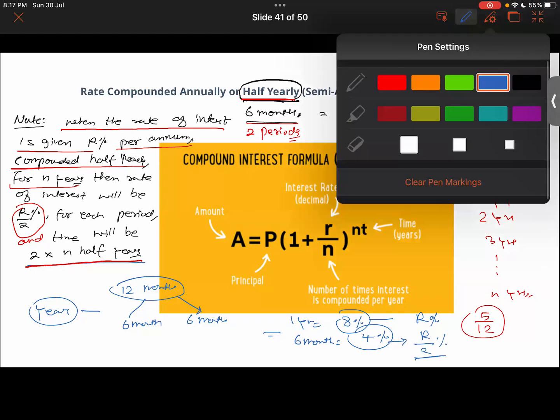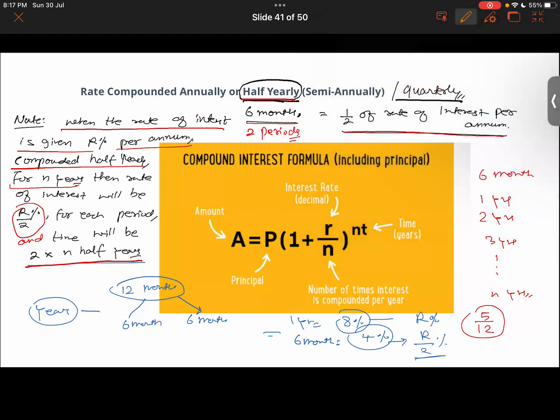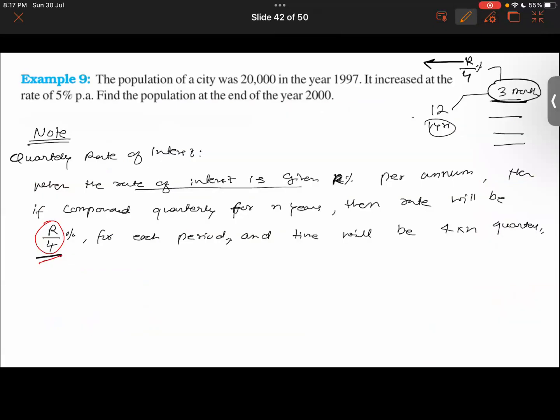And in how many periods has the year been divided? Into 2 periods of 6 months each. Yes. Now moving on, we also talked about quarterly rate of interest. In quarterly, the year has been divided into 4 parts of 3 months each. So there are 4 conversions, 4 divisions of the year, right?